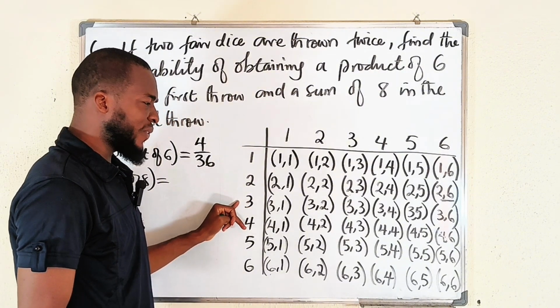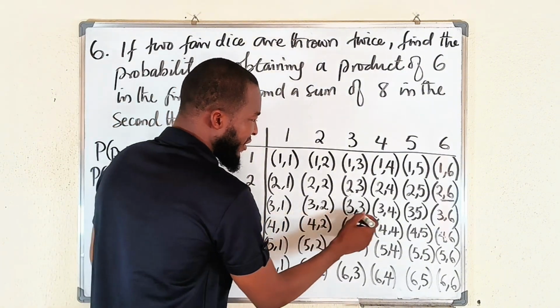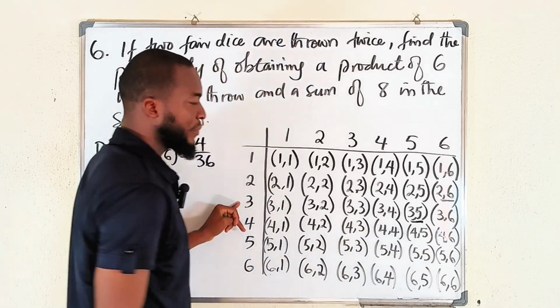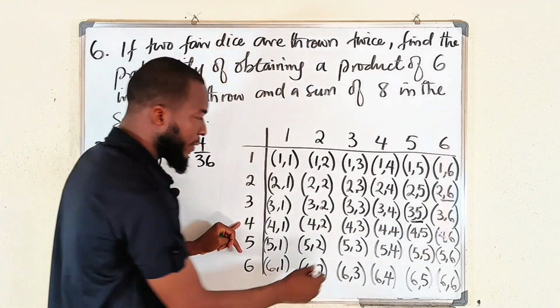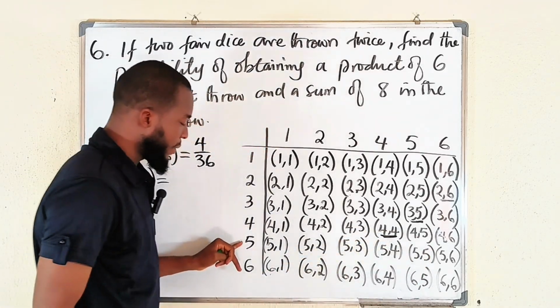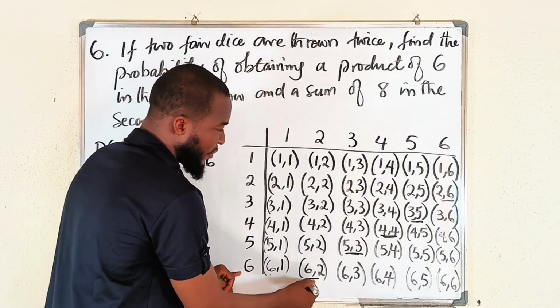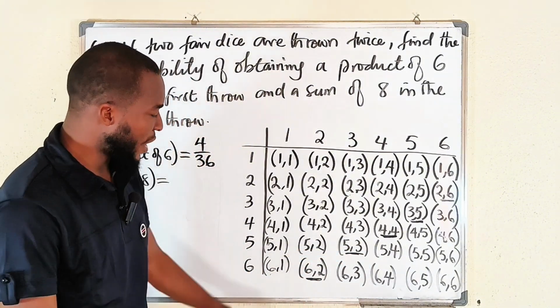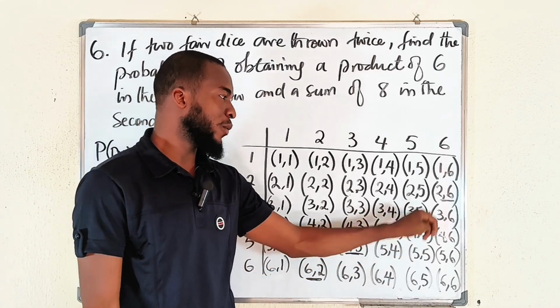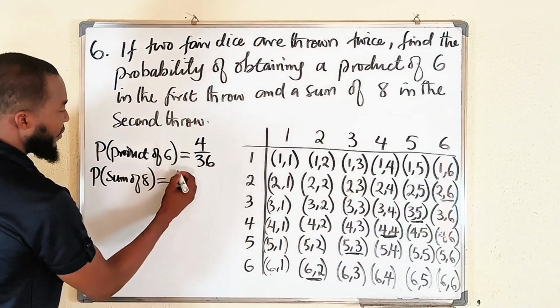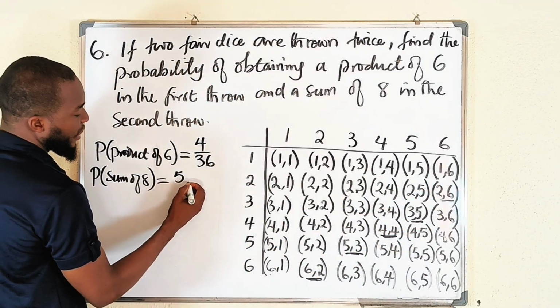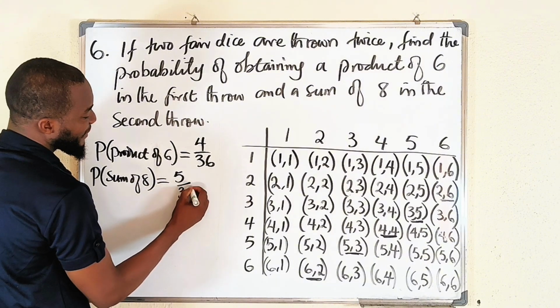And 3 plus 5 is also 8. 4 plus 4 is also 8. 5 plus 3 is also 8. 6 plus 2 is also 8. So how many do we have? 1, 2, 3, 4, 5. So this is 5 over 36.